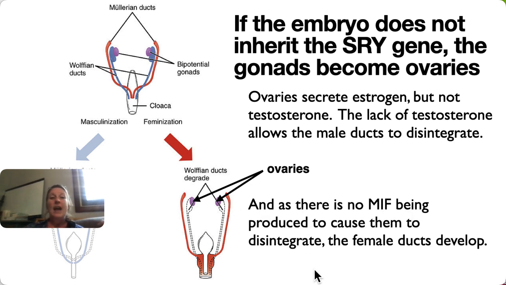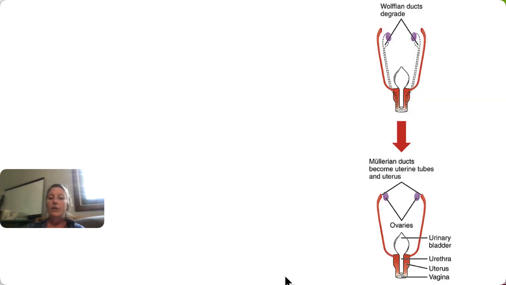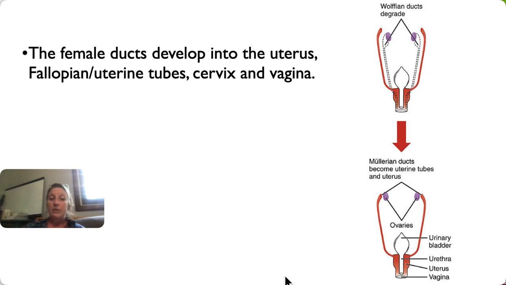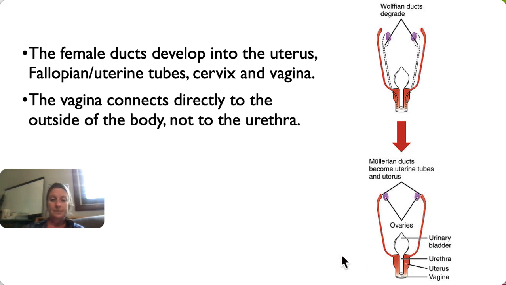And also, as there's no MIF, or Mullerian inhibiting factor, the Mullerian ducts are not under attack, and they're going to stick around. So, the female ducts then develop into the uterus, the upper part of the vagina, the cervix, and the fallopian or uterine tubes.